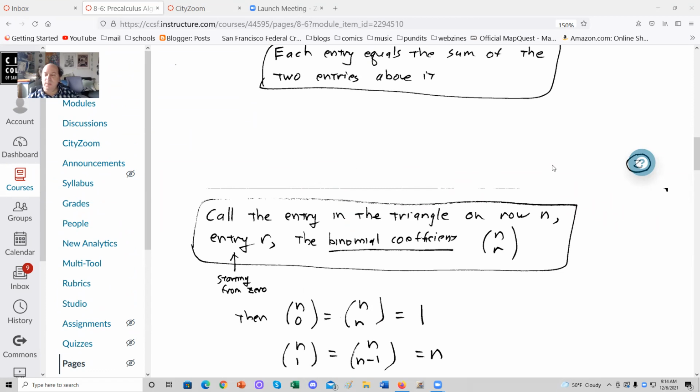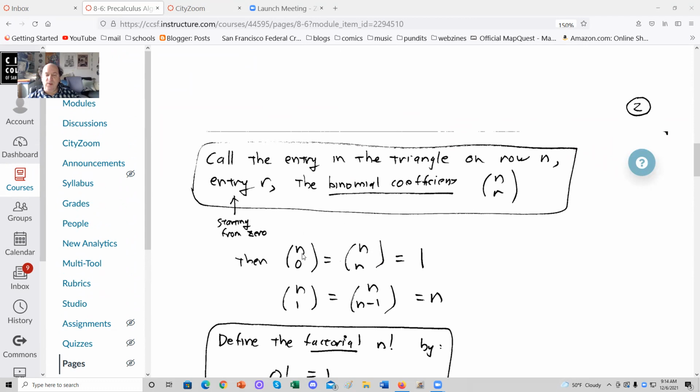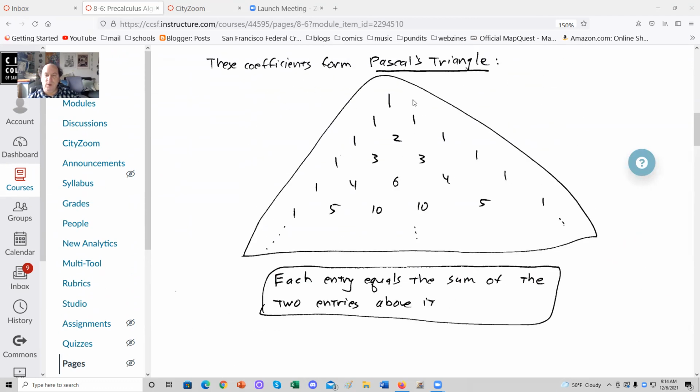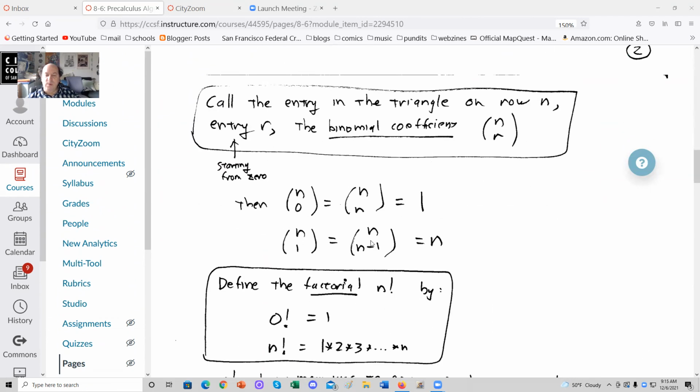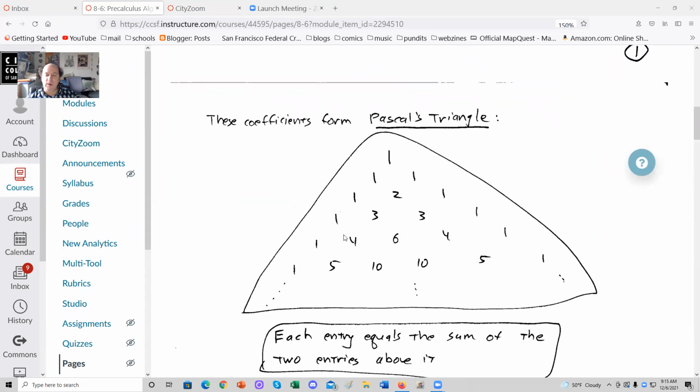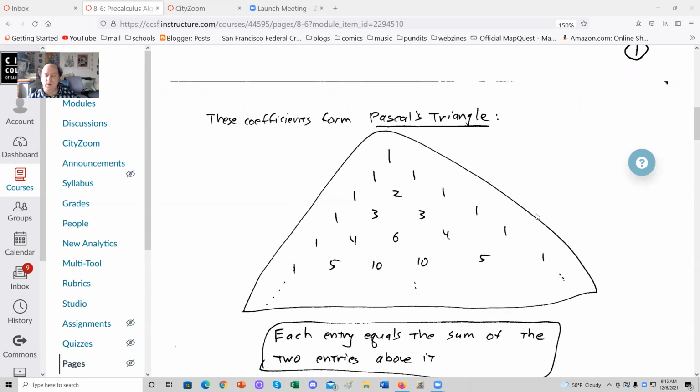On your calculator, it will be a big C with a subscript n and r, pronounced n choose r. So n choose 0 equals n choose n equals 1, because we have a 1 at each edge. n choose 1 and n choose n minus 1 is n.